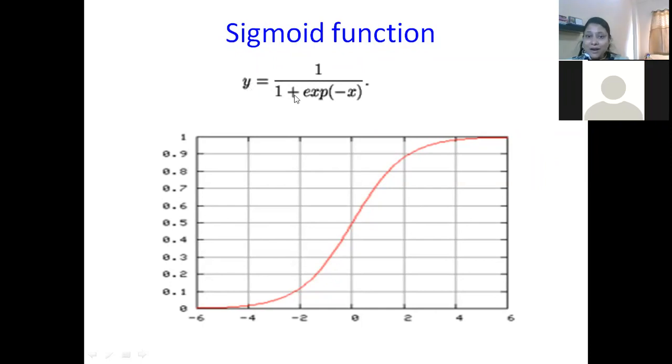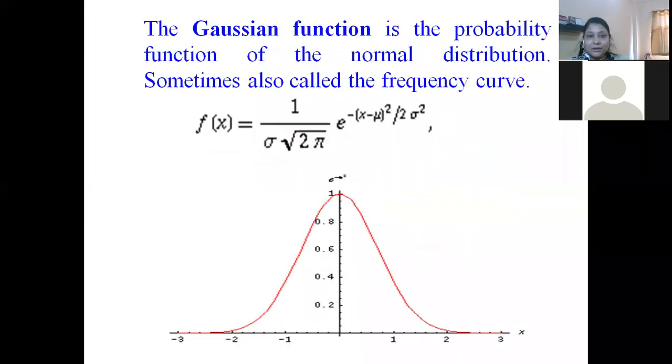In the previous slide, when we talked about the Gaussian distribution in the neural network, that was the activation function.